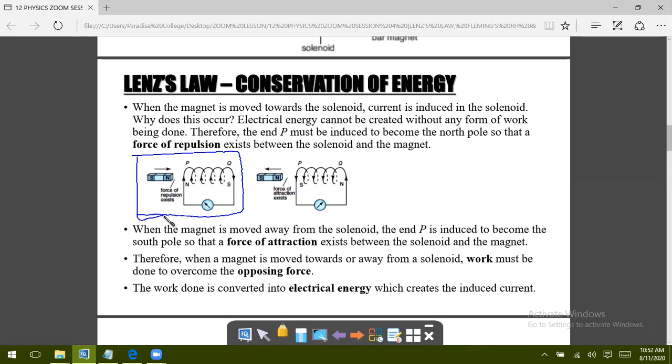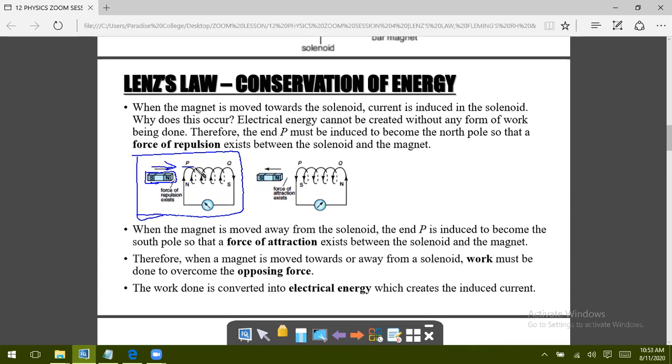Why does this occur? Well, when the magnet is moved to the right, or brought closer to point P, current is induced, basically flowing through this whole segment here, this solenoid.